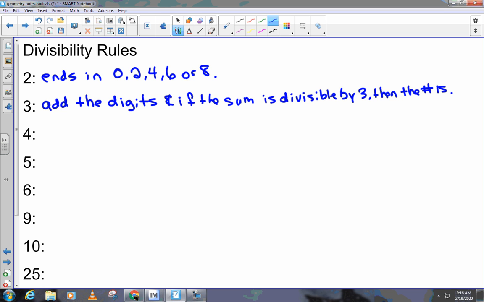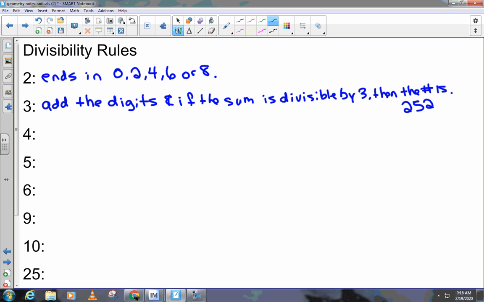So, if you had something like 252, if you add the digits up, you get 2 plus 5 plus 2, which is 9. 9 is divisible by 3, so 252 is divisible by 3.